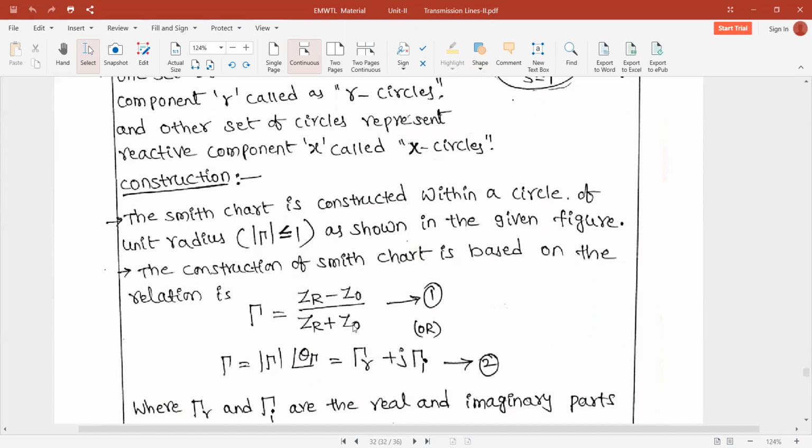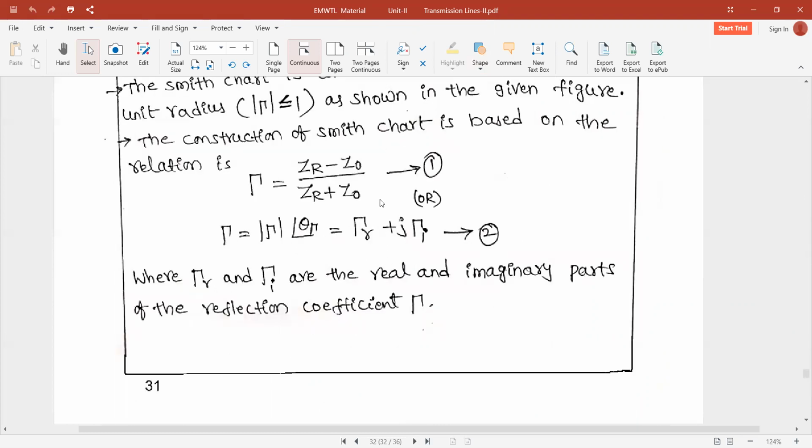The reflection coefficient is equal to (ZR minus Z0) by (ZR plus Z0).